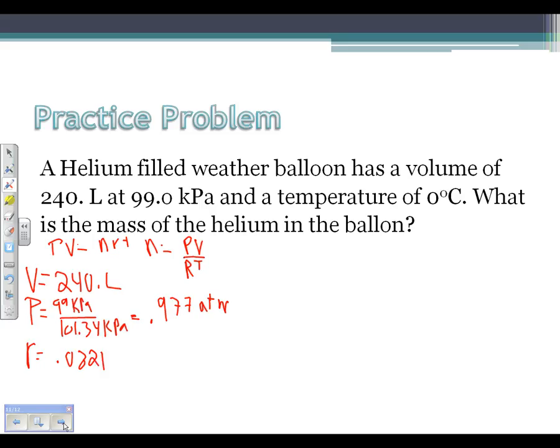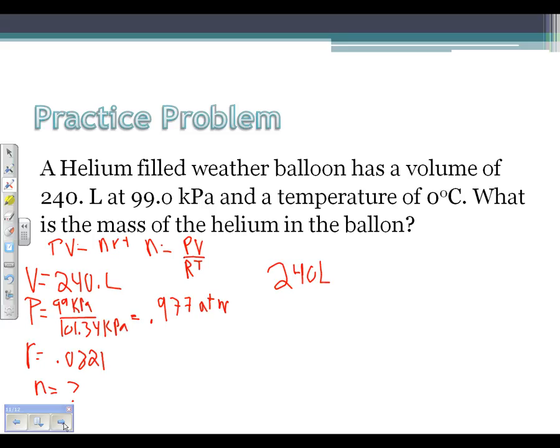So after defining all of the variables, you know that you are looking for n, or the number of moles. To find it, we will use n equals PV divided by RT.